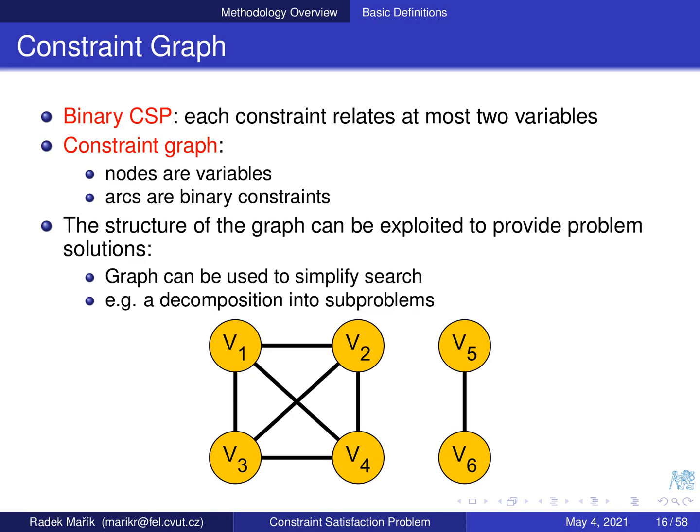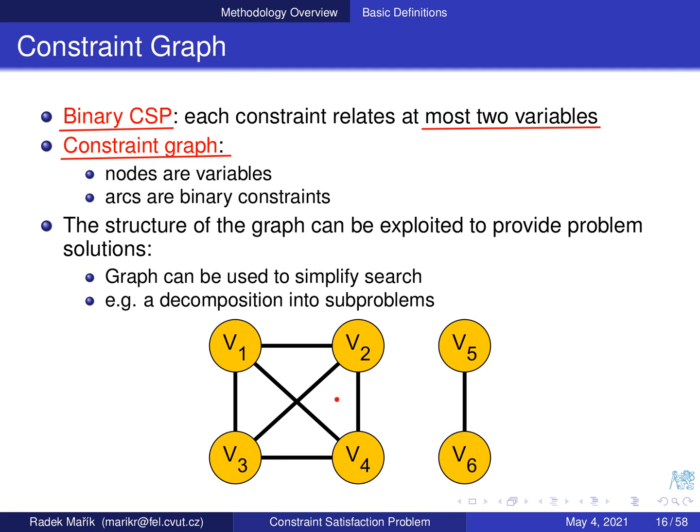Furthermore, constraints can be expressed using graphs. If each constraint relates at most two variables, then we speak about a binary CSP. For such a CSP, we can construct a so-called constraint graph, where variables are represented by nodes, and arcs represent binary constraints.